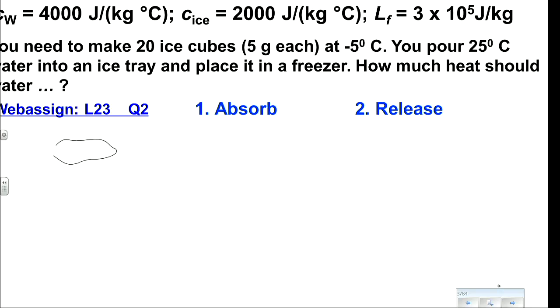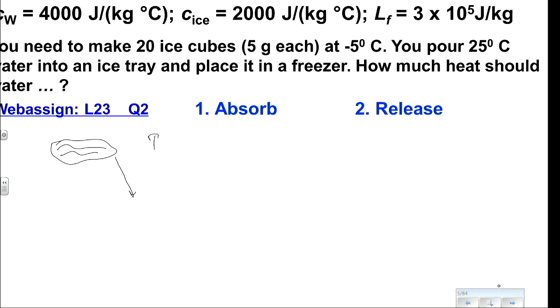So water is like a puddle for me. And we're cooling down. So to demonstrate that process, I show some arrow. It represents what is happening to the temperature.